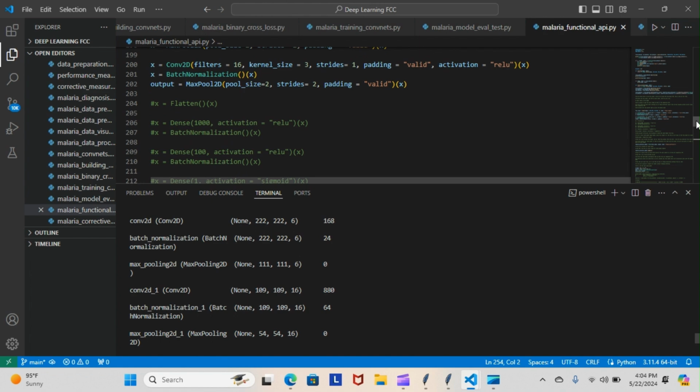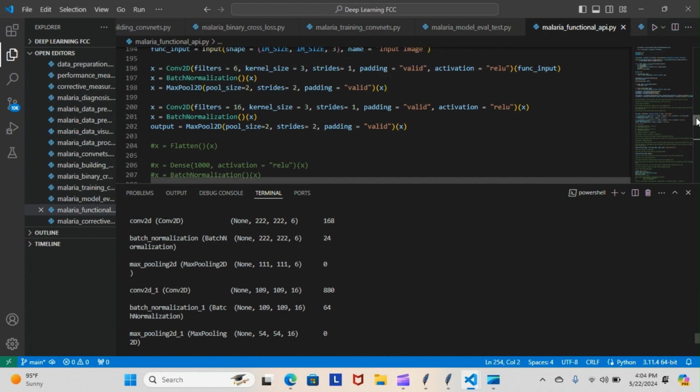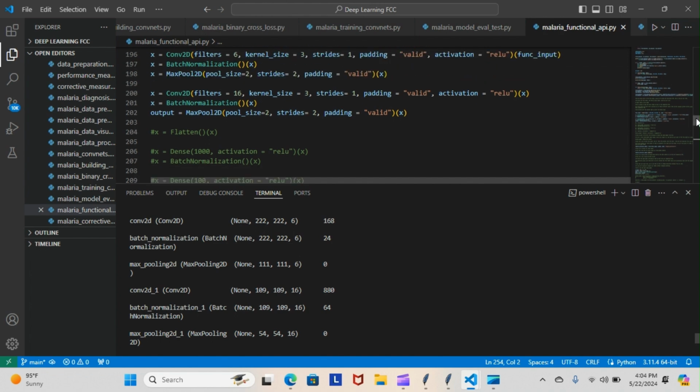If we comment out the dense layers and just use the conv and max pooling layers, we can run it by itself as an extractor.